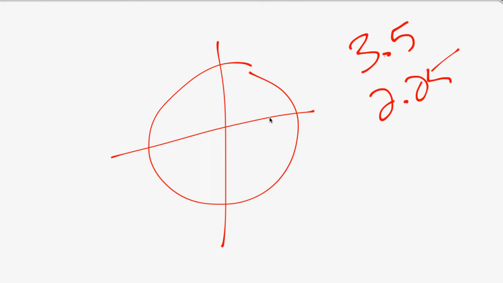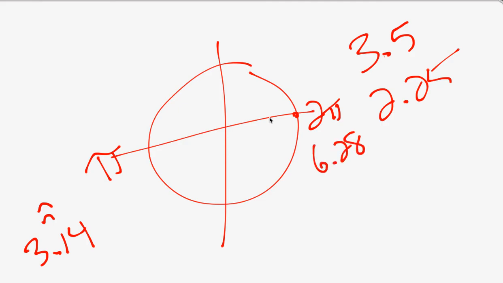So you have to guesstimate where 3.5 radians is going to be. We know that over here is pi, which is about 3.14. This is 2 pi if you went all the way back around, so 3.14 doubled is 6.28.